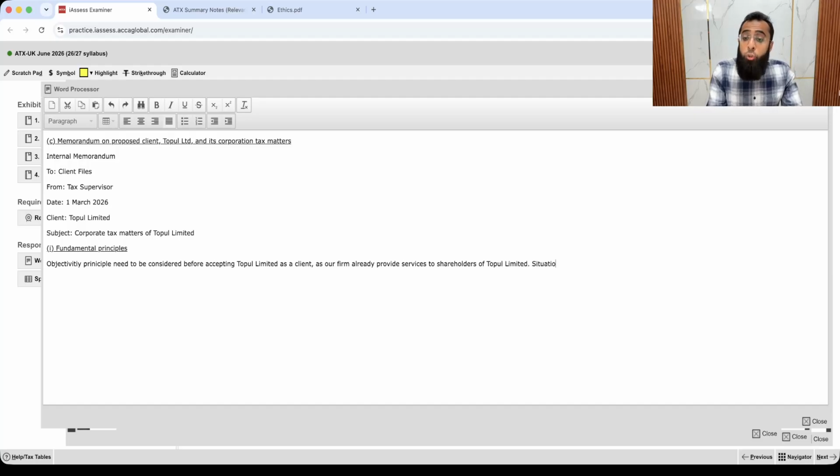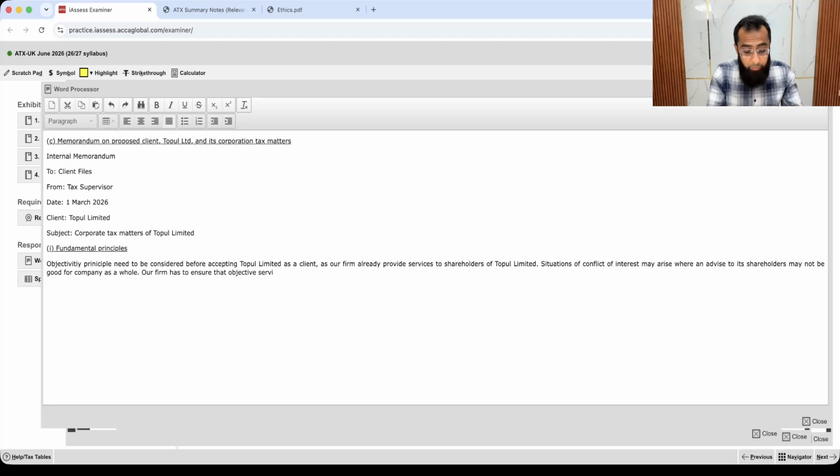Situations of conflict of interest may arise where advice to its shareholders may not be good for the company as a whole. Our firm has to ensure that objective services, or I would say neutral services, are provided to both of them.